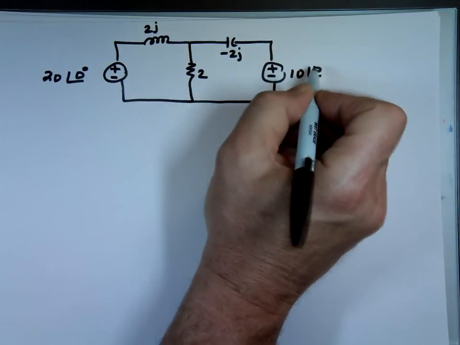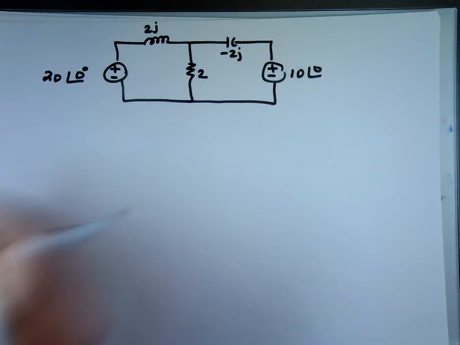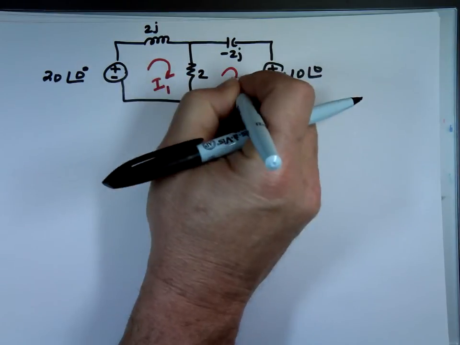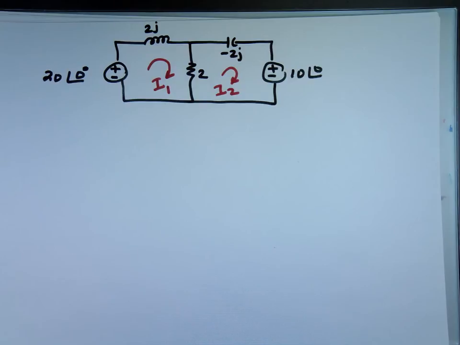When we're in phasor, if you remember, we use capital letters. So this is I sub 1, this is I sub 2. Find the average power absorbed by each of the 3 passive elements, by the inductor, the resistor, and the capacitor.